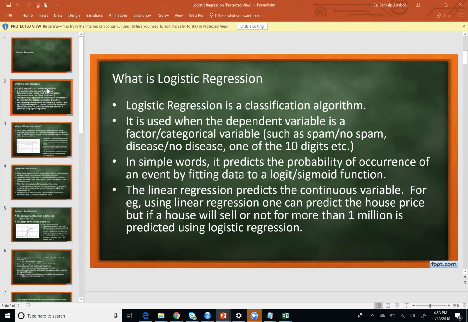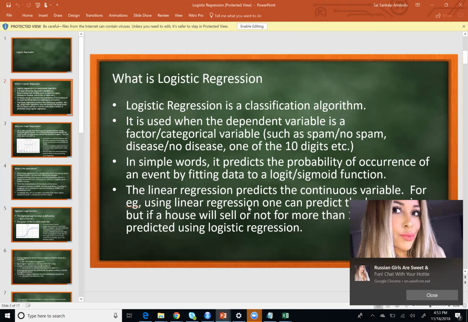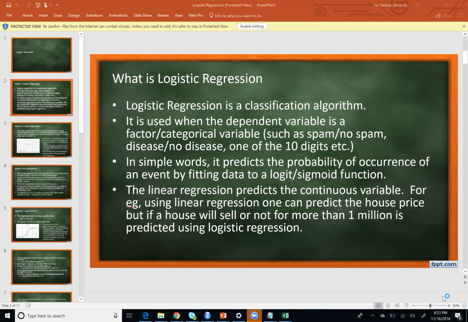It's not continuous. So whenever the output you want to determine is categorical, we generally use logistic regression.